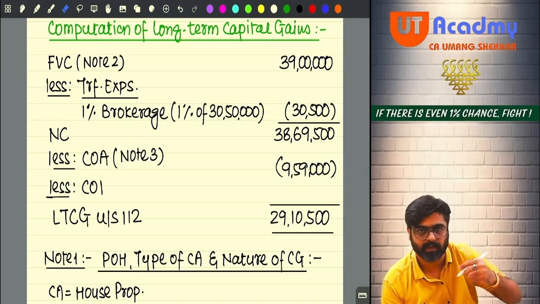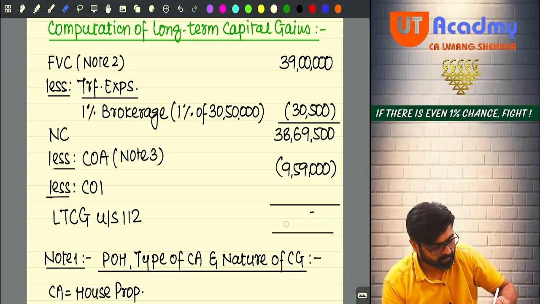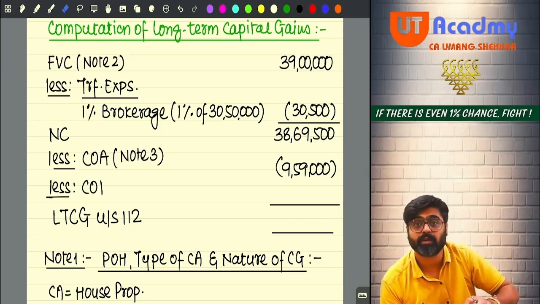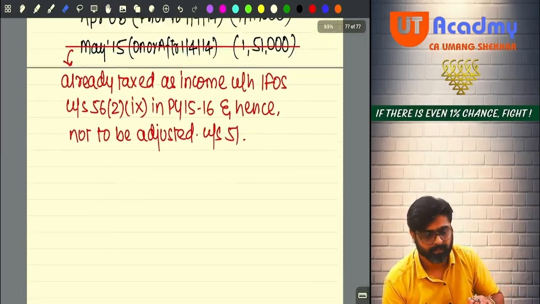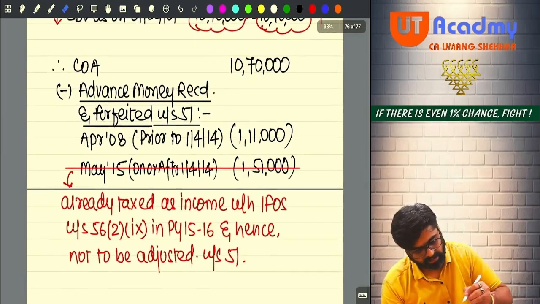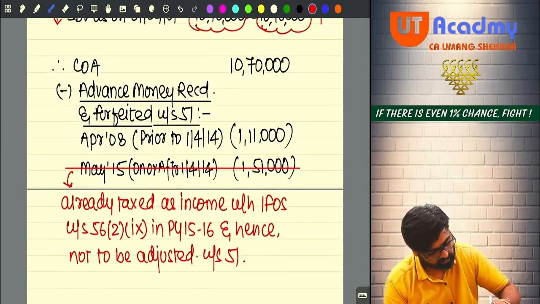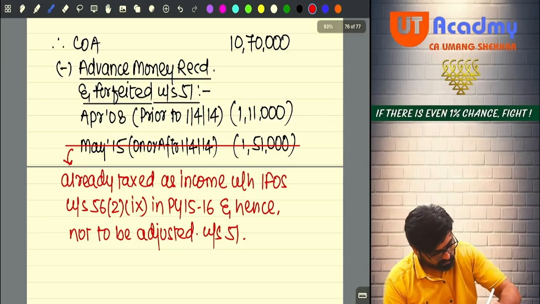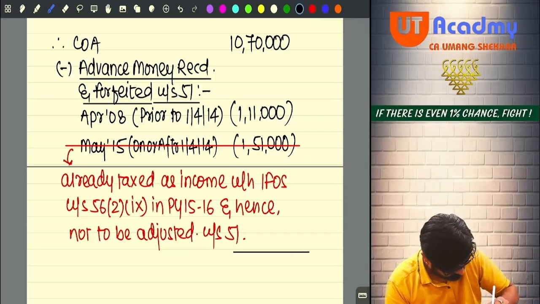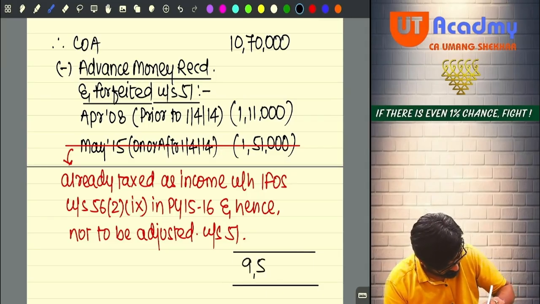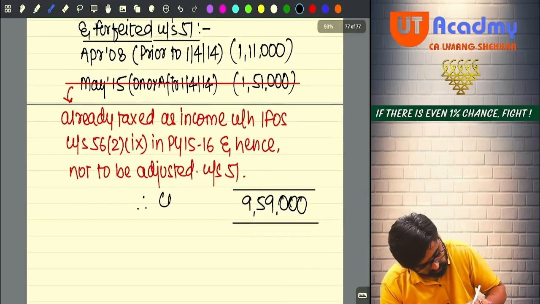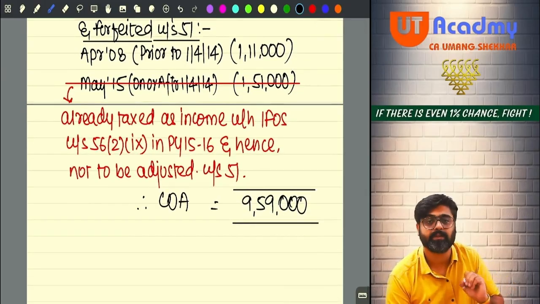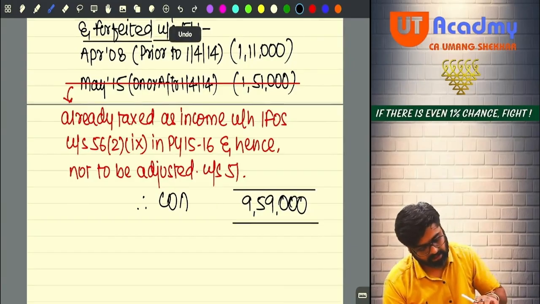So the gain will be different. But first we are doing the cost of acquisition. Now 10,70,000 minus 1,11,000. So the final cost of acquisition will be 9,59,000. Therefore, cost of acquisition finally after adjusting this is 9,59,000.